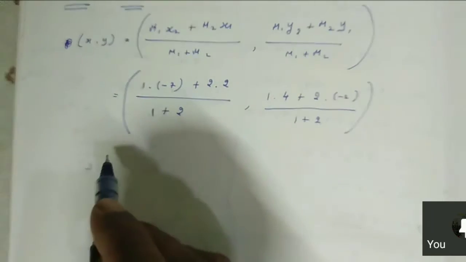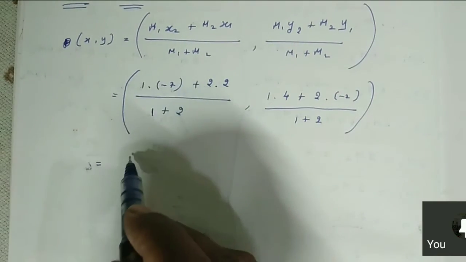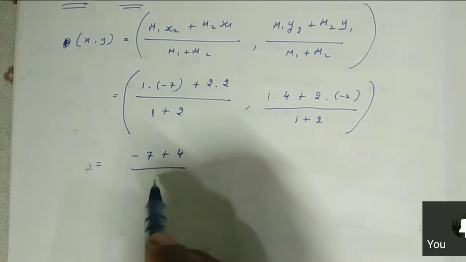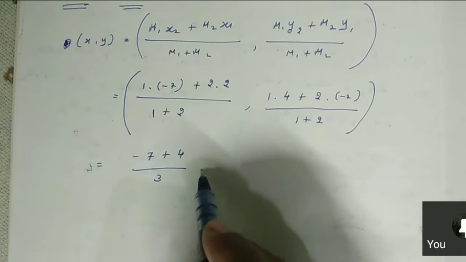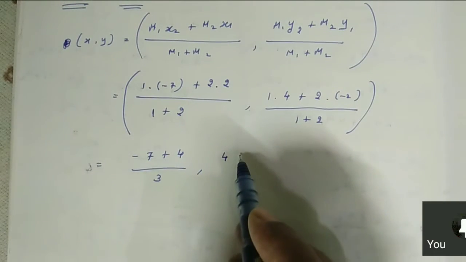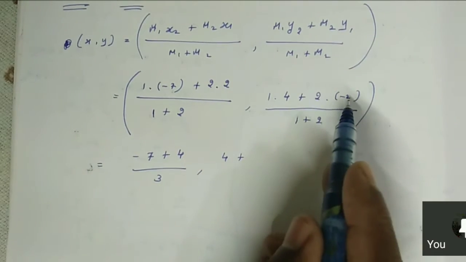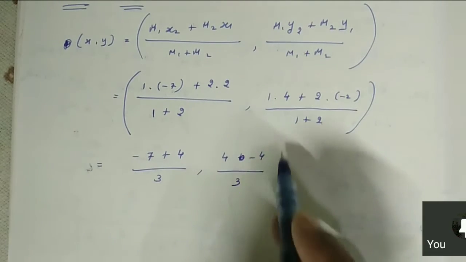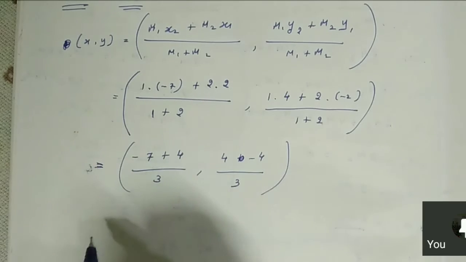Next, 1 into (-7) plus 2 into 2, divided by 1 plus 2, which is 3. Next, 1 into 4 plus 2 into (-2) is 4 minus 4, divided by 3. Clear?